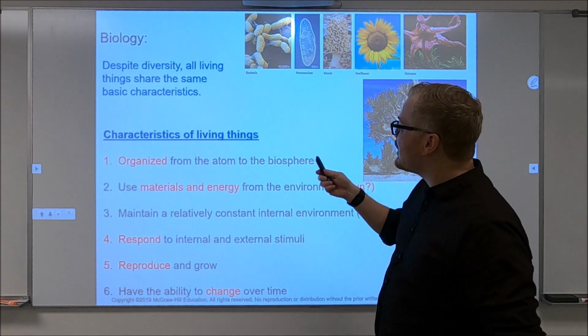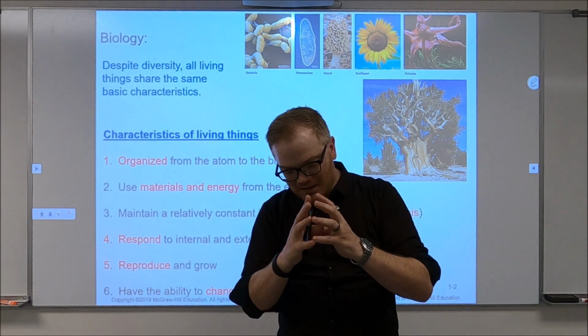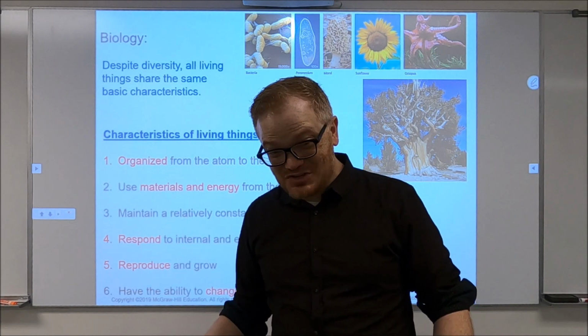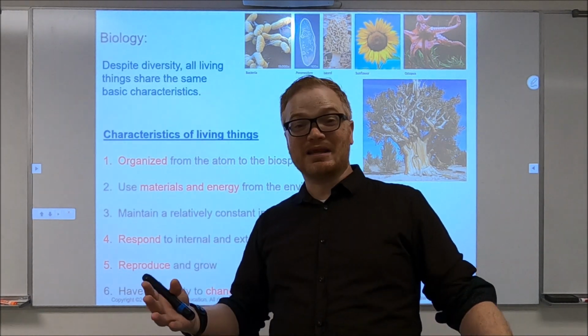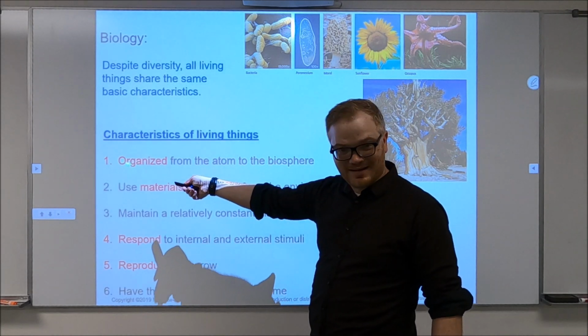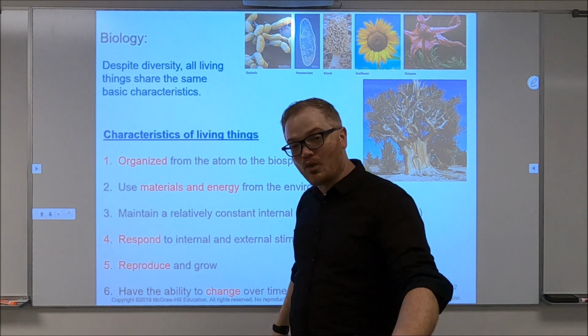You are made up of cells. Those cells are compartmentalized and separated from one another. Those cells come together to form things like tissues. Those tissues come together to form things like organs. You are organized, much like the rest of life on this planet is organized.